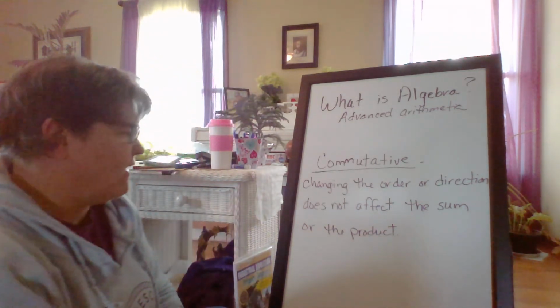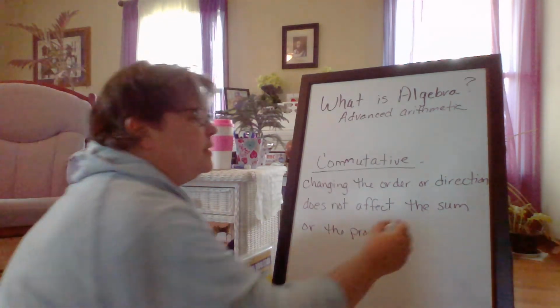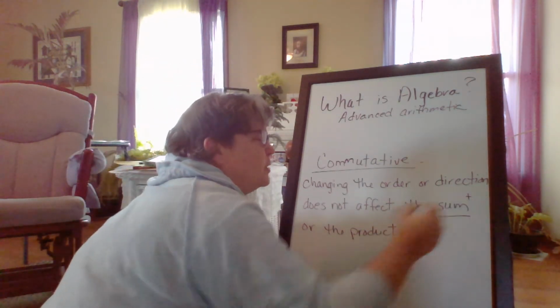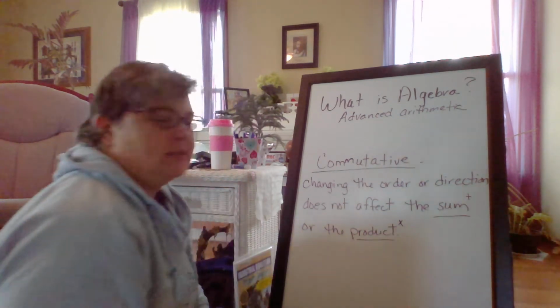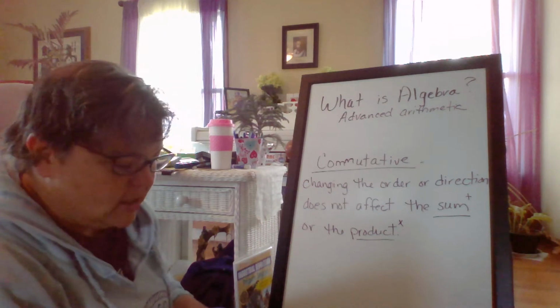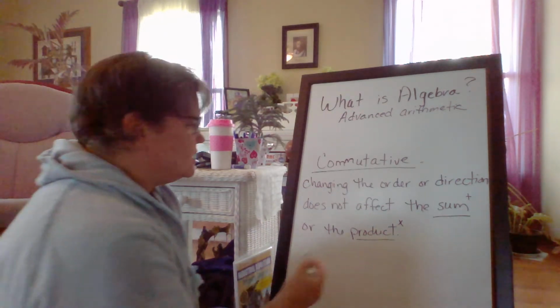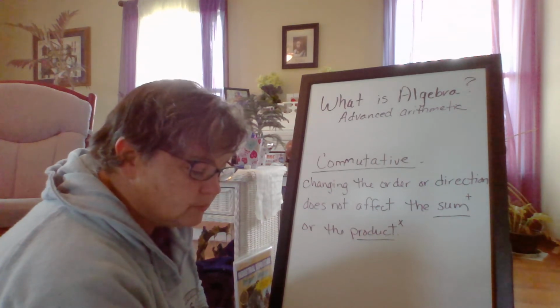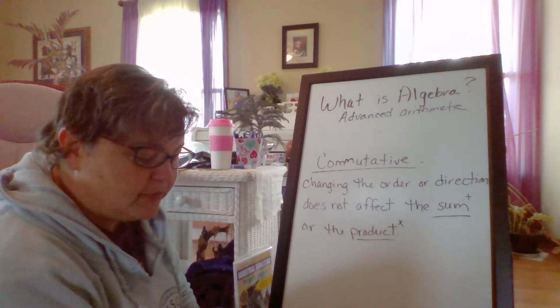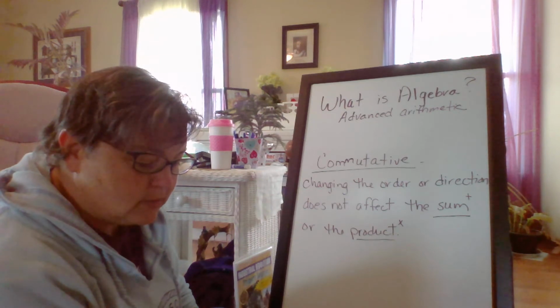Boom. Okay. Sum, that's addition, a little plus there. Product, that's multiplication, so I put a little X there. Okay, remember those. So all that means is commutative. Think of commute.